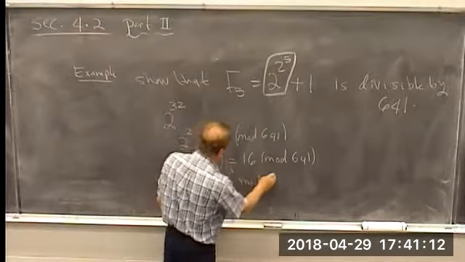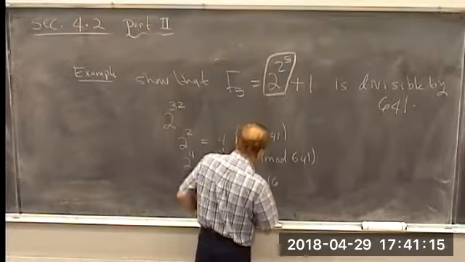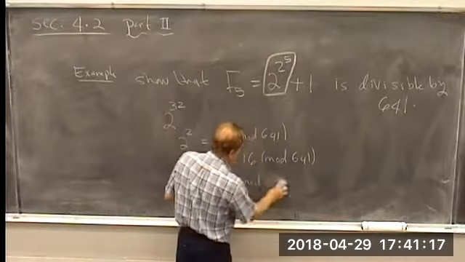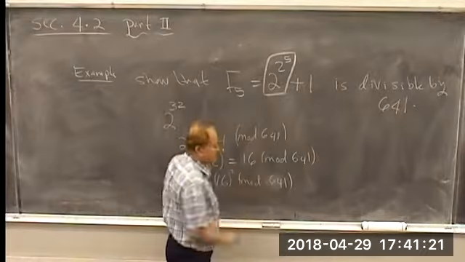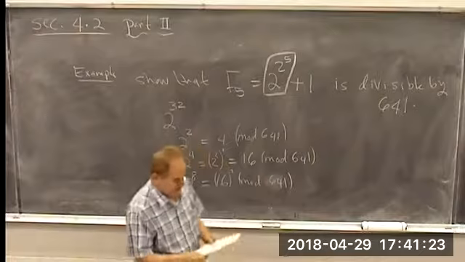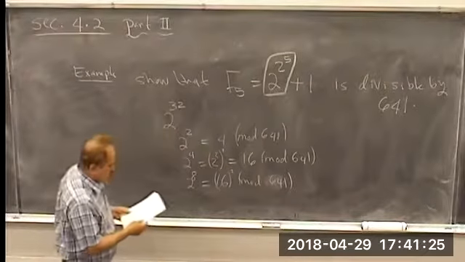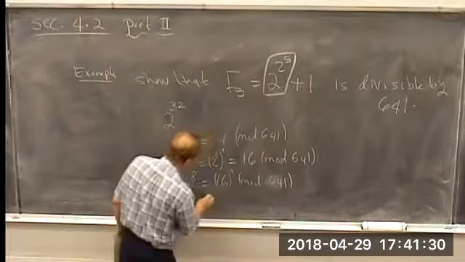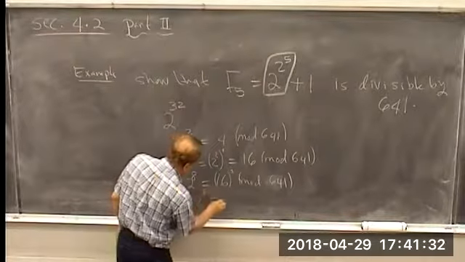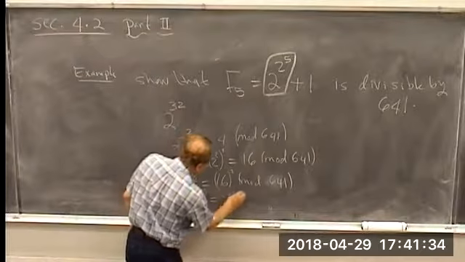Now, are we exceeding mod 641? If we exceed this, then we reduce, and let me do my calculation. Turns out this is actually, no, 256. So 2 to the 8 is 256.